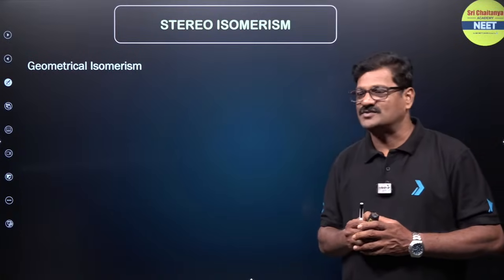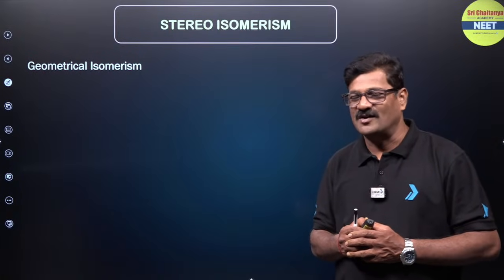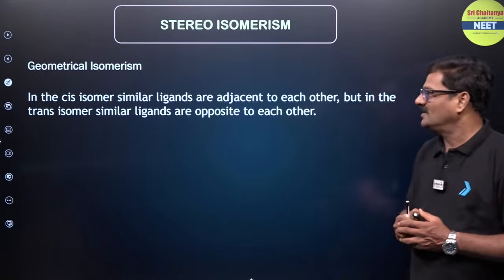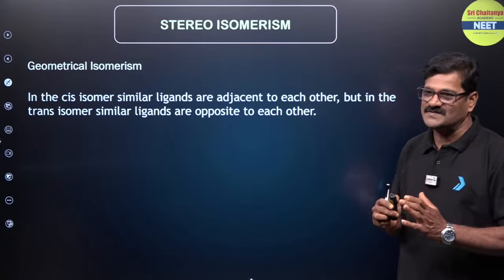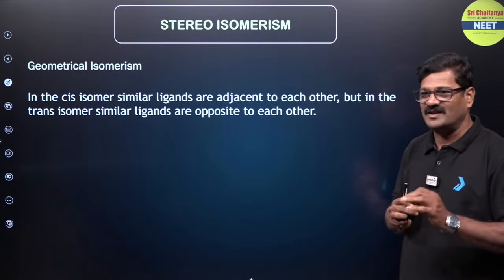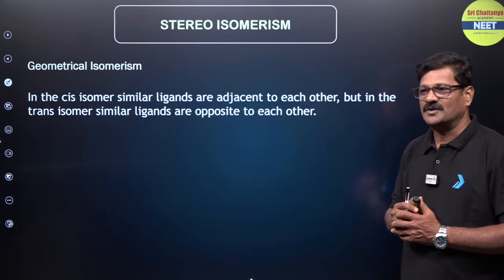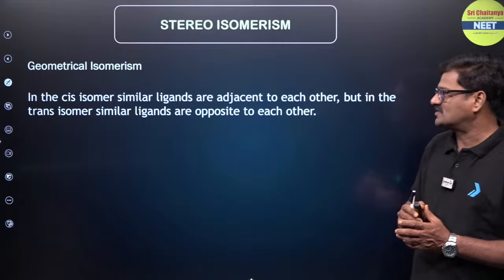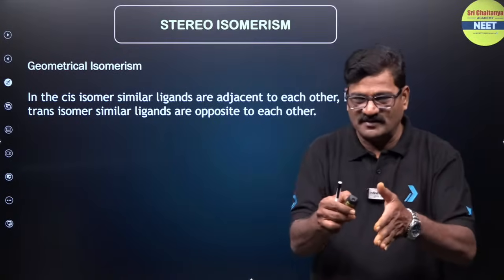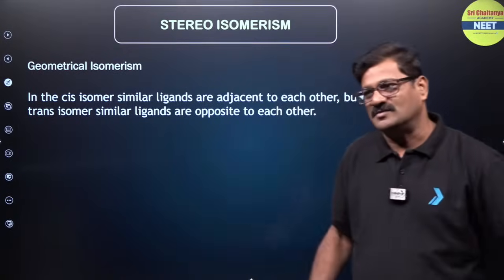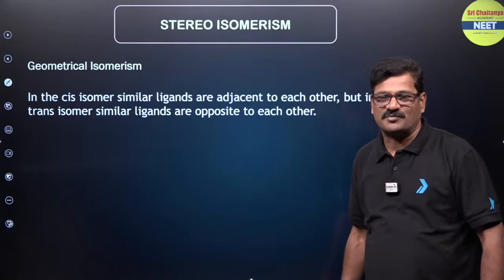One is geometrical isomerism, another one is optical isomerism. So you have cis and trans, very important noteworthy points. In the cis isomer similar ligands come on the same side, in the trans isomer similar ligands come on the opposite side.